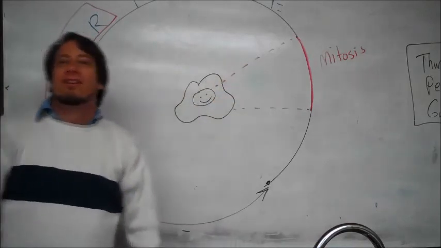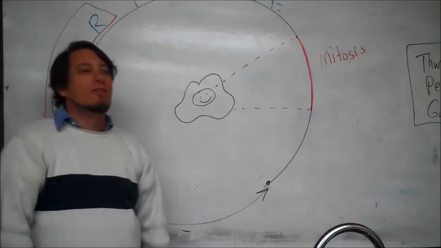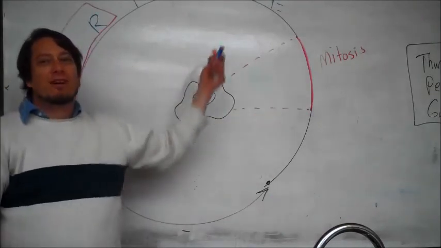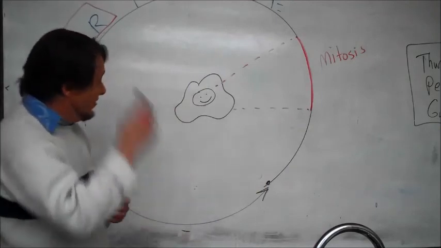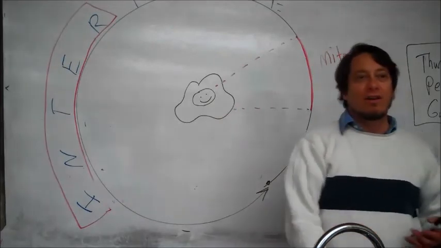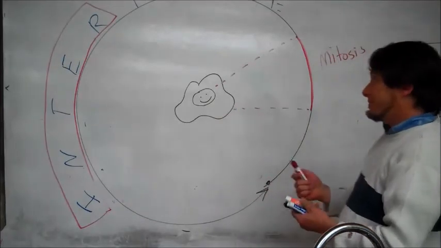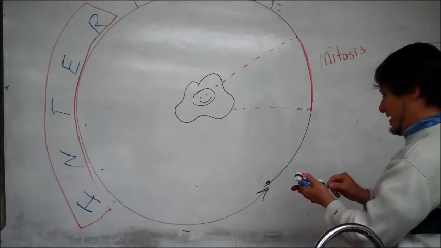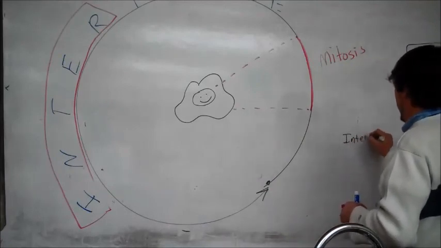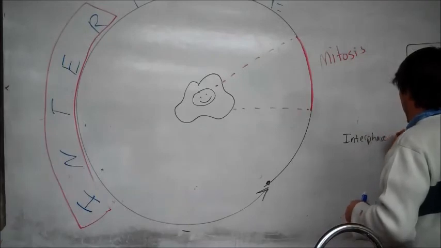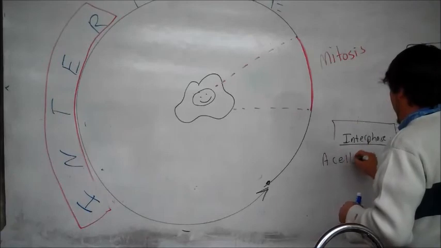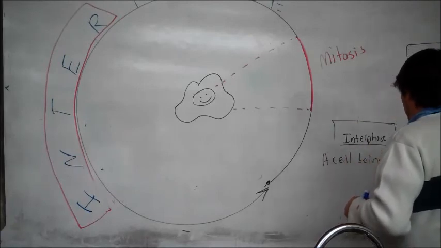So pretty much the cell cycle breaks everything down in between reproduction and then the rest of our life. So anyway, most of the life of a cell is spent just being a cell. And in interphase, it is just a cell being a cell.